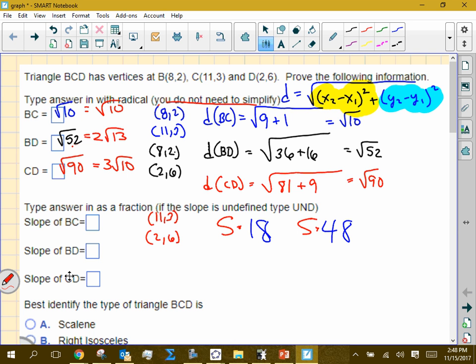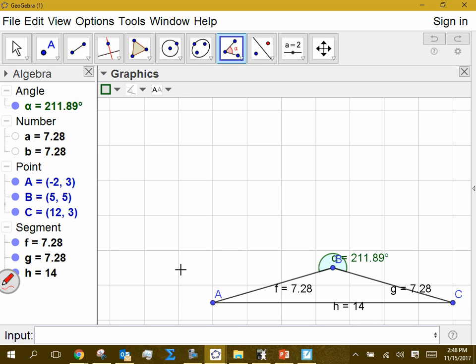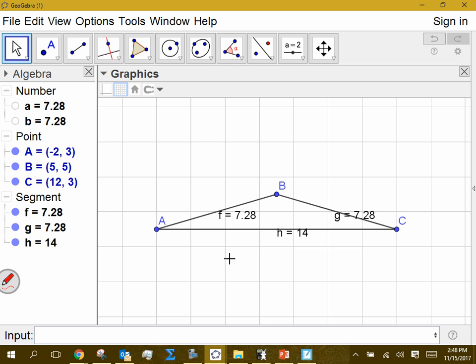Okay. If I have an isosceles triangle, think about this. Let's see if I've got this picture still up here. If I look at this picture here, that's isosceles. Is there any way that angle A could be 90 degrees? Because if this is isosceles, angle A and angle C, how do they have to relate to one another? They have to be equal. Well, can this one be 90 and that one be 90?